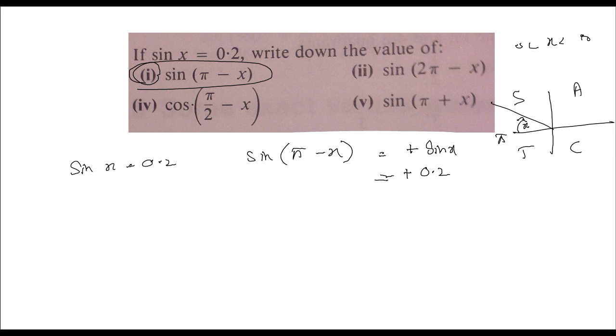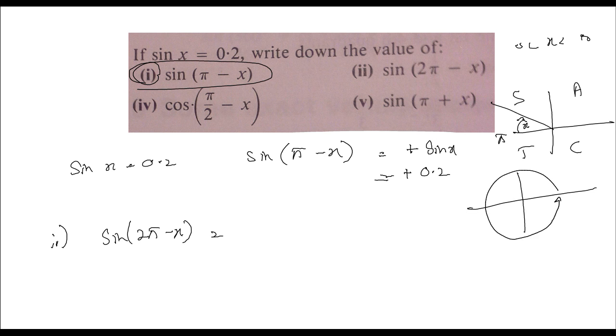Okay, let's do part 2 of that, sine 2 pi minus x. Now that's new because that's 2 pi, right? 2 pi minus x is here. So that's in ASTC, fourth quadrant. So it's negative because sine is negative in this fourth quadrant, right? And then sine x stays sine x.